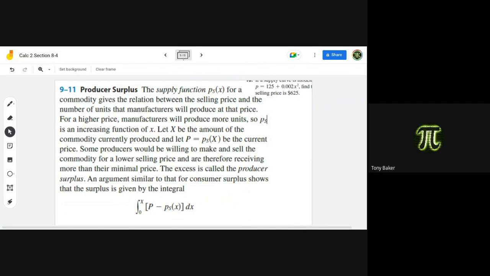Producers are willing to make and sell a commodity for a lower selling price and therefore receive more than their minimal price. They could sell it for less, but their job is to get as much money as possible. So that's why it's the opposite of the consumer surplus.